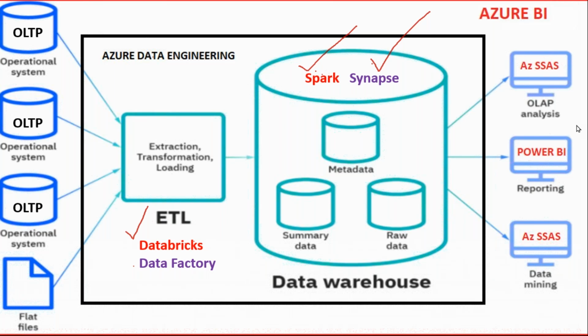In Azure data engineering, we need to learn open source ETL, open source warehouse, Microsoft ETL, Microsoft warehouse. Together, they're all good friends, best friends. The open source ETL and Microsoft ETL are good friends. Open source warehouse and Microsoft warehouse, again good friends.